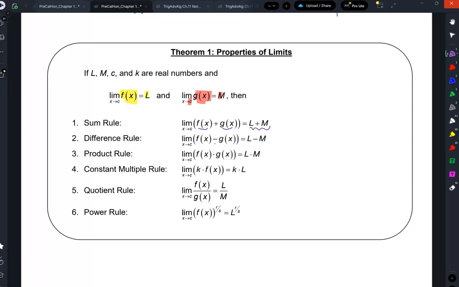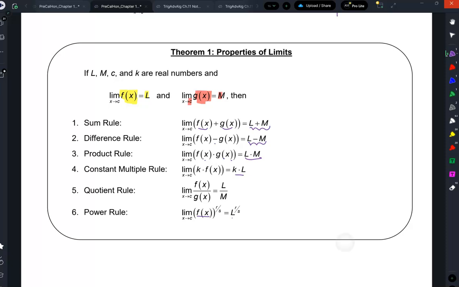Or if you're subtracting, it's the difference of the limits. If you multiply the functions, the limit is the product of the limits. k times f of x, it's just k times the limit. Dividing is the quotient, and so on. And if I have f of x raised to a power, then it's the limit raised to a power.